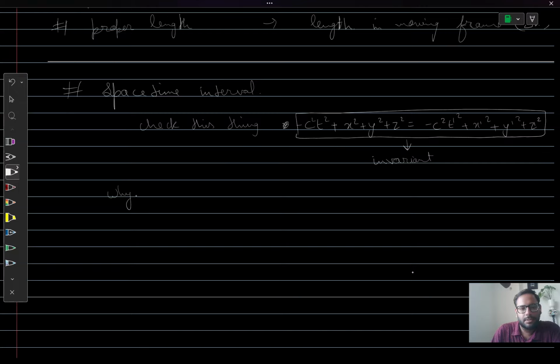Why? This is simple. Suppose I have a light source here, and it is producing some light wave fronts.